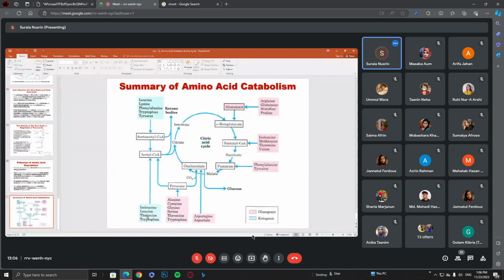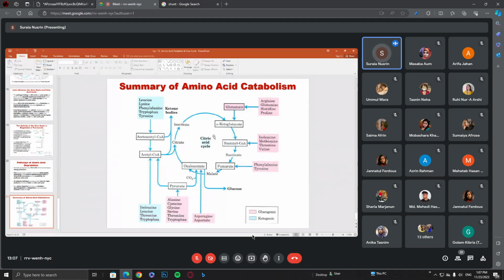Whereas if you look at the other amino acids which are called ketogenic, they are mainly catabolized to the 2-carbon compound acetyl CoA, or here another one, acetoacetyl CoA. That is actually one of the compounds of the ketone bodies, or acetoacetyl CoA can be further degraded into acetyl CoA. So acetyl CoA can enter the TCA cycle, we know that already, or acetyl CoA can be used to synthesize ketone bodies.